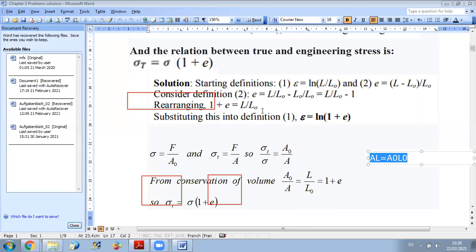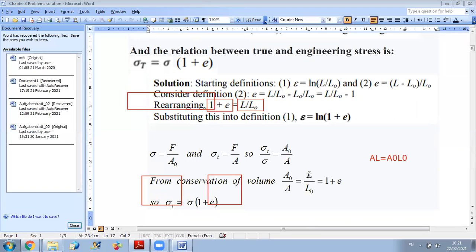Then from the previous demonstration, we have seen together that L over L0 can be substituted by 1 plus engineering strain. So all I have to do now is to say that A0 over A is L over L0, which is equal to 1 plus epsilon engineering.